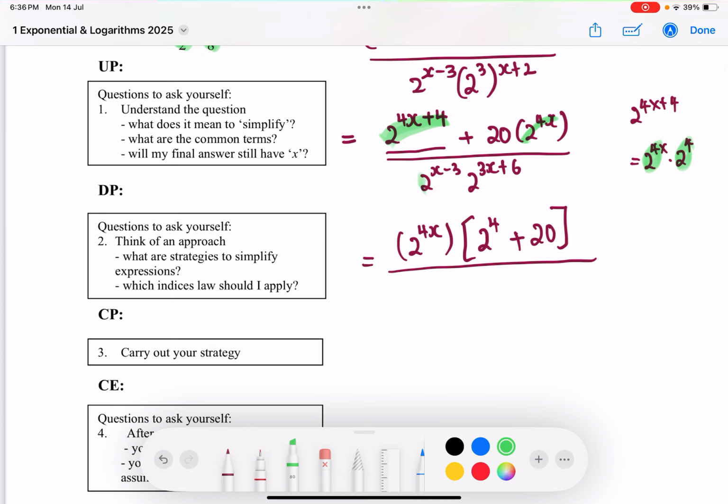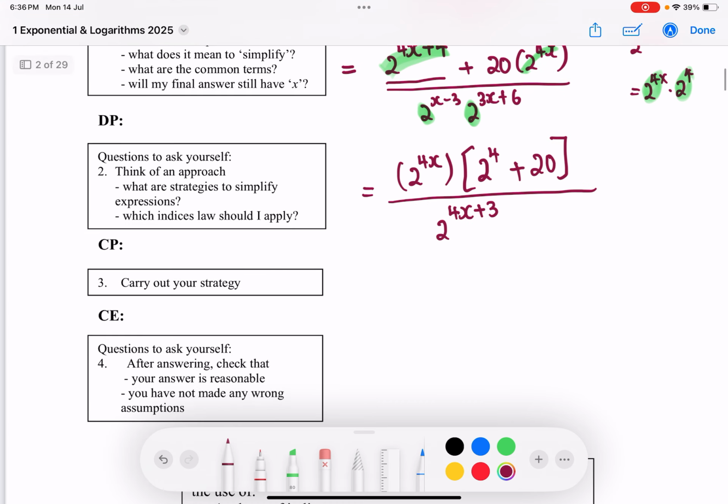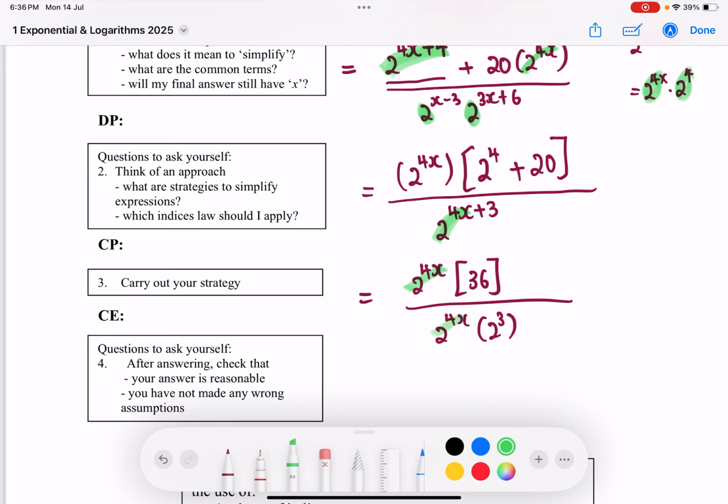Now for my denominator, I managed to write both with the same base, which means I can add the powers together. So it's going to become 4x plus 3. The denominator also happens to have a 2 power 4x, which means I can rewrite this as 2 power 4x. Can you see that the numerator and denominator now have the exact same term, 2 power 4x?